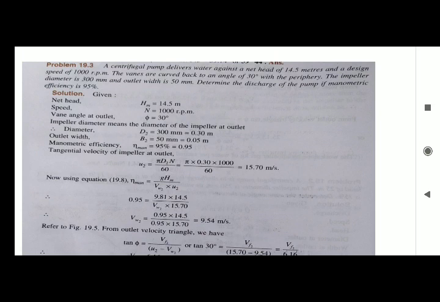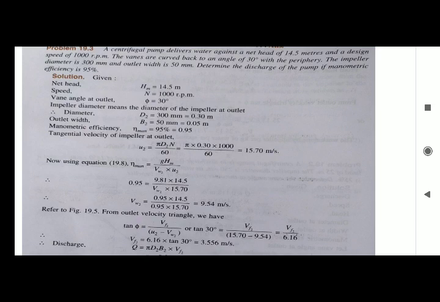So what we are doing is using U2, the tangential velocity at outlet, in the manometric efficiency formula to find whirl velocity at outlet. By using whirl velocity at outlet and tangential velocity at outlet, I will find flow velocity at outlet.